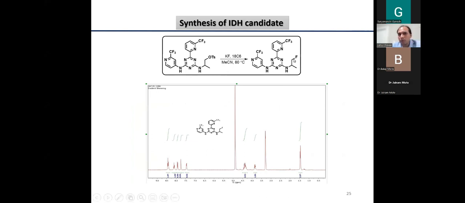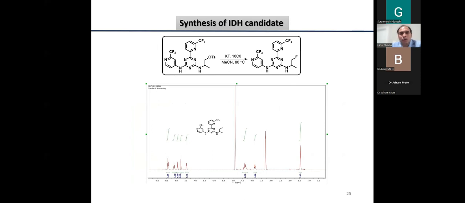When we performed the fluorination reaction, we tried to confirm the product by using proton NMR, and there all the numbers of protons were matching with the required product.